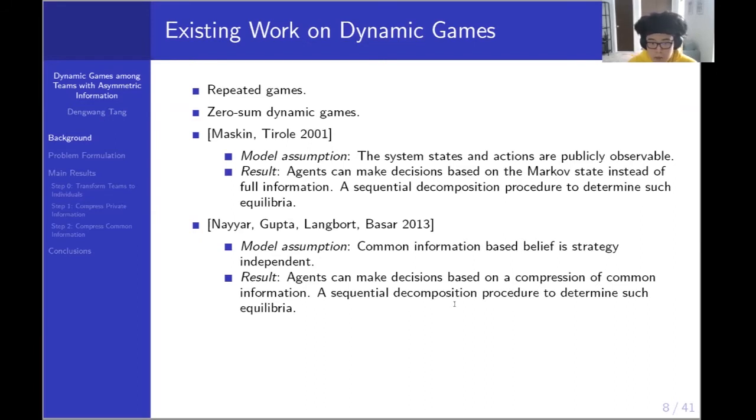They also develop a sequential decomposition procedure to determine such equilibria. This assumption eliminates one of the challenges of dynamic games, that is, the belief can be dependent on strategy. When the belief is not dependent on strategy, you can do something about it.